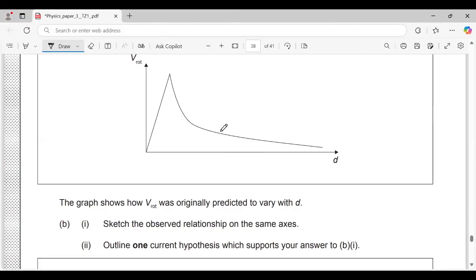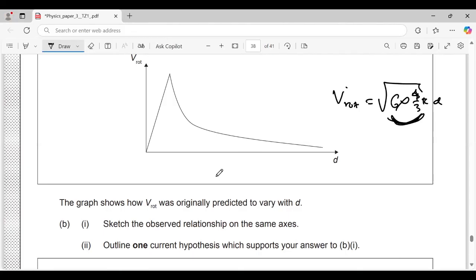If we look at the result, v root is proportional to d, so the square root of 4/3 pi G rho is the slope or gradient of the diagram.